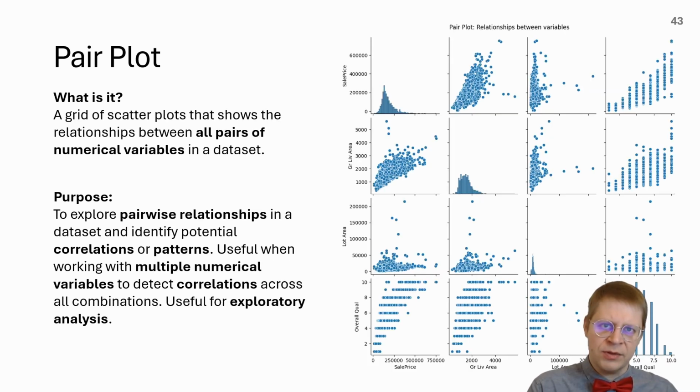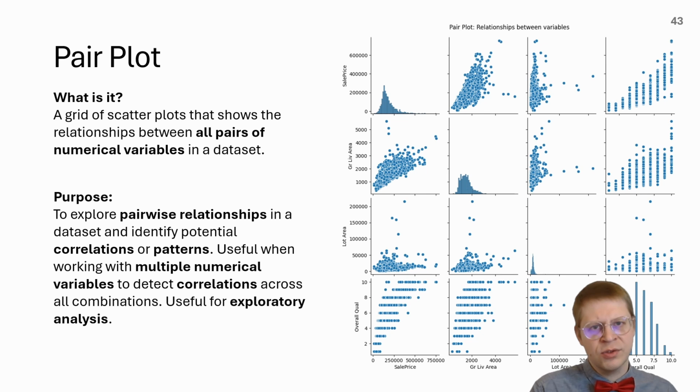A pair plot is a powerful visualization that creates a matrix of scatter plots showing every possible pairwise relationship among your numerical variables. This comprehensive view allows you to detect correlations, clusters, and anomalies across multiple dimensions simultaneously.